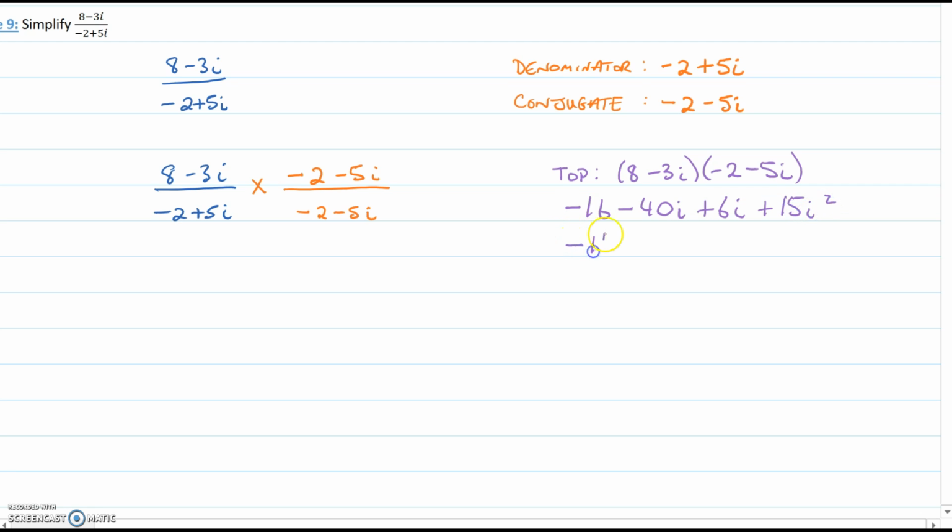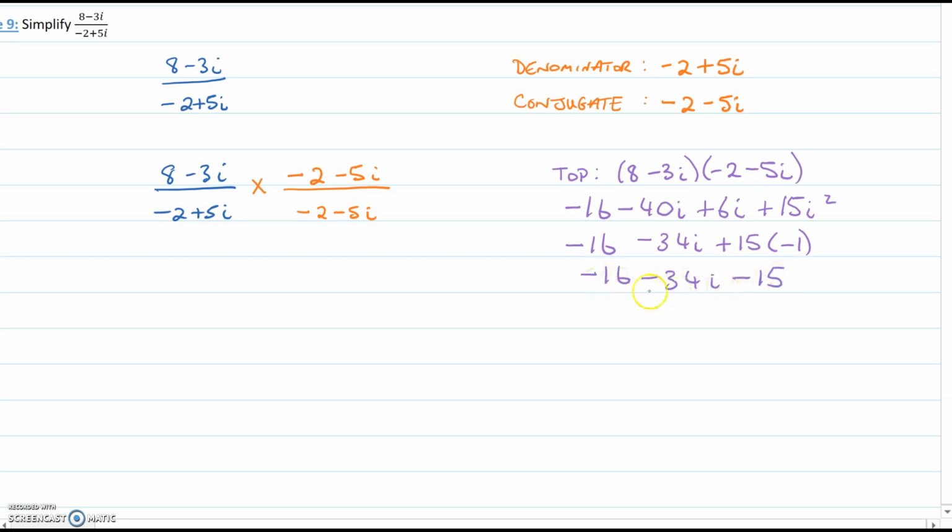So that's going to be minus 16. For the i parts in the middle, it's negative 40 plus 6, that's negative 34i. And the i squared, remember, we're going to replace with negative 1. So that's going to give you negative 16 minus 34i minus 15.